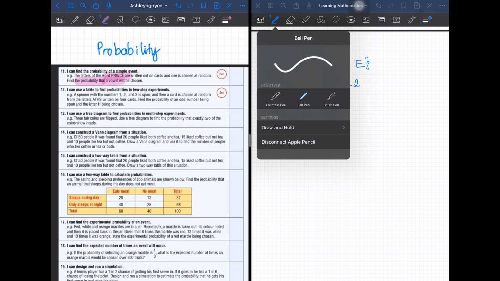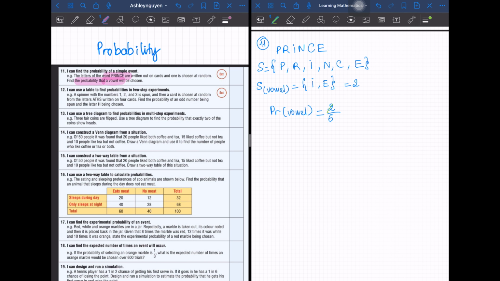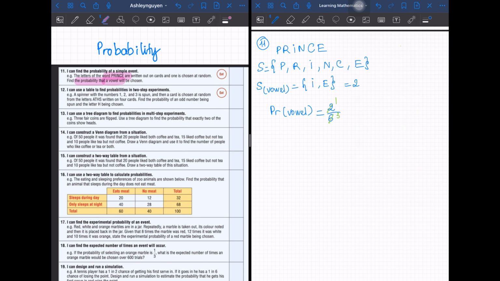Simplify. Dividing by 2: 2 to 2 gives 1, 6 to 2 gives 3. So equals 1 over 3.